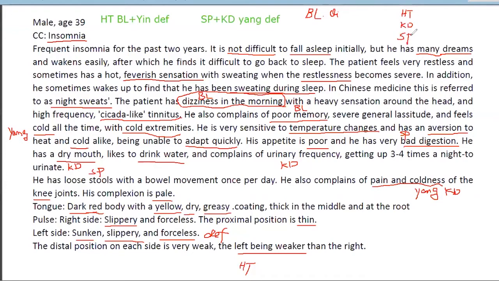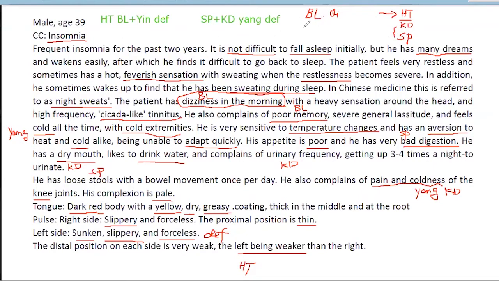Because this patient's chief complaint is mainly insomnia, which is mainly related to the heart, we must put some heart issue in there. We couldn't only say kidney and spleen because the chief complaint is insomnia.